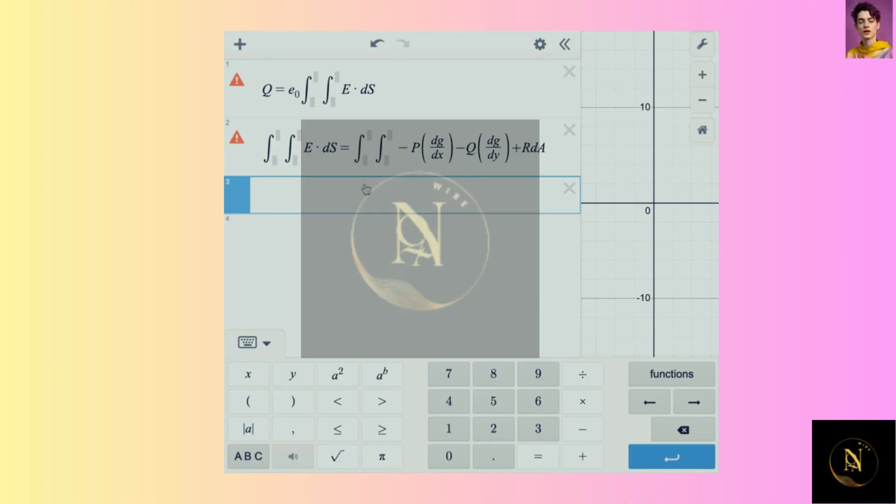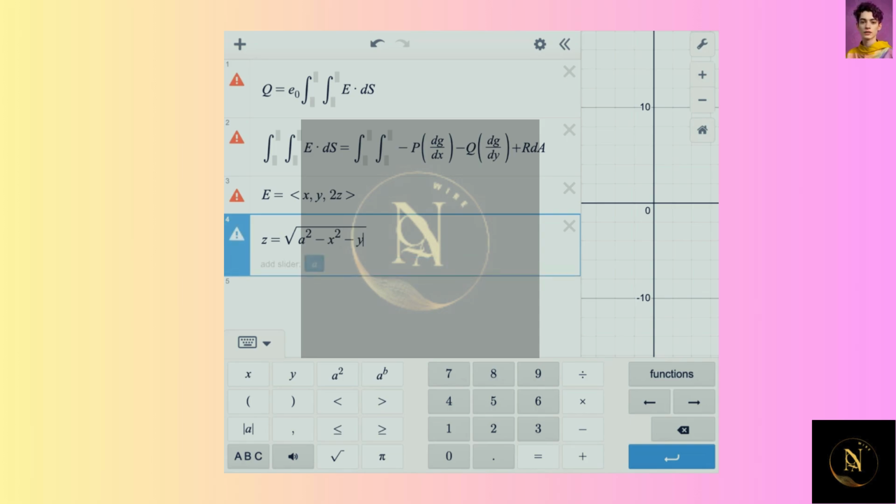Another thing we note is that E is equal to P, Q, and R. Since we know that E is x, y, 2z, we can replace this with x, y, 2z. When z is positive, z must be equal to the square root of a squared minus x squared minus y squared, because it's the upper half of the sphere.